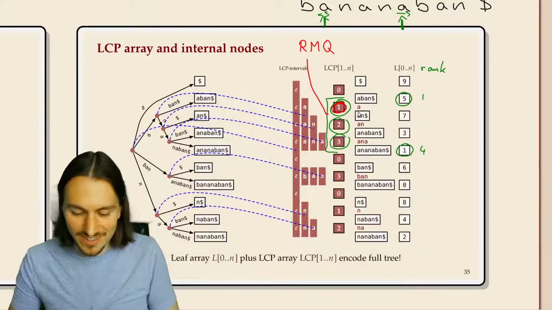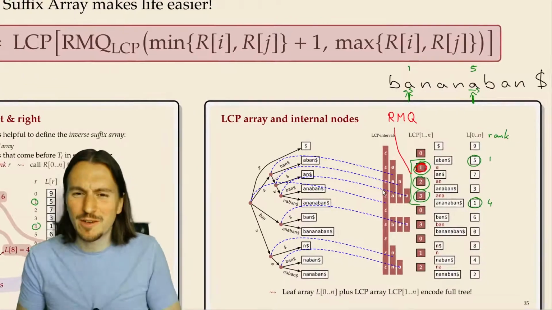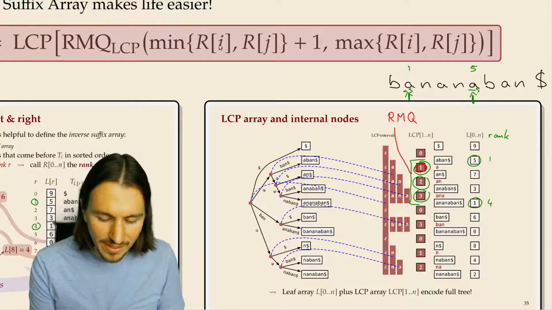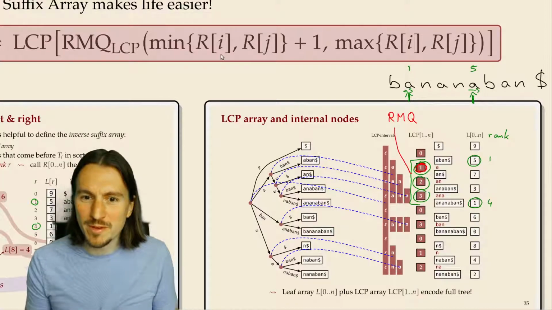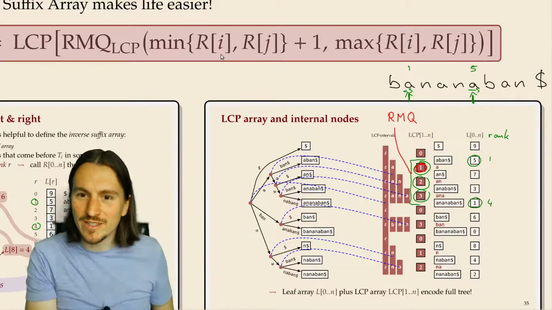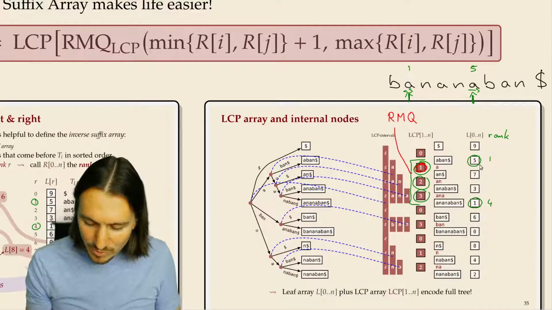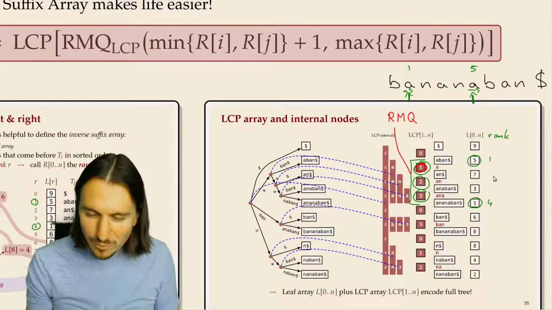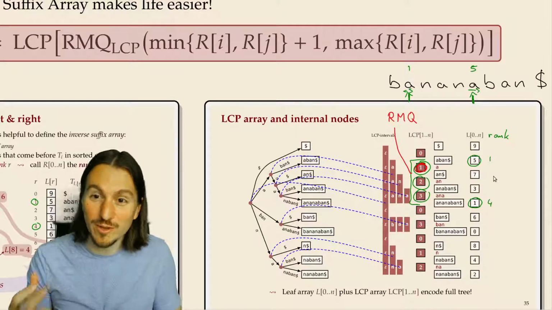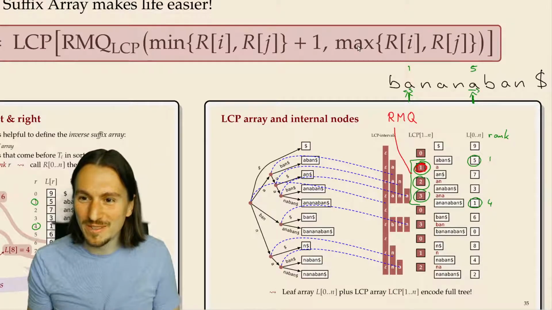So this is the connection that's spelled out here in big. If I want to find the longest common extension between two positions i and j, I take R, the rank array, to map them into this picture on the right, where I have them in the sorted order. They might flip positions, so 5 becomes 1 and 1 becomes 4. So even though i was less than j, now R of i is bigger than R of j. That's why we use min and max to get those two right.